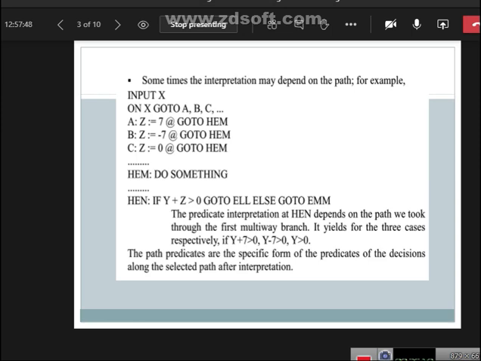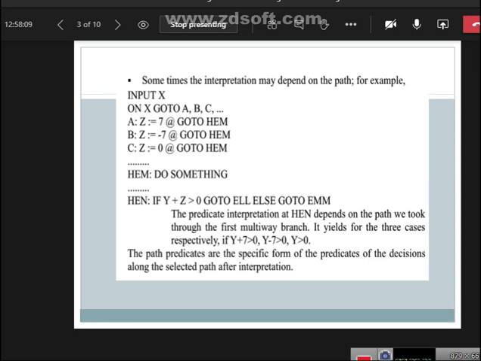Here the predicate interpretation means the interpretation that we are going to perform there. The interpretation at HEN depends upon the path we took through the first multi-way branch. Here we are taking some multi-way branch.